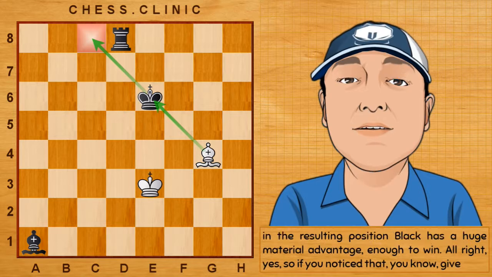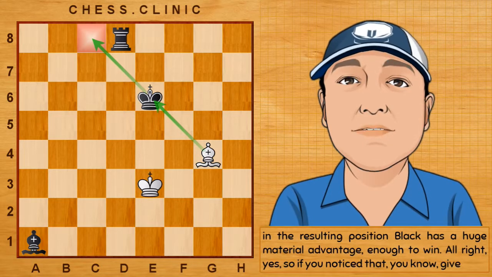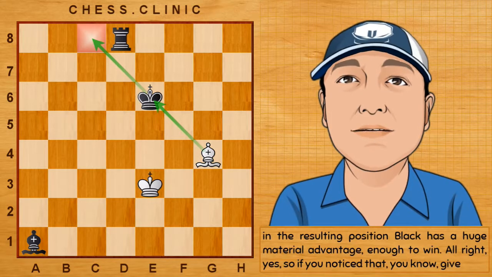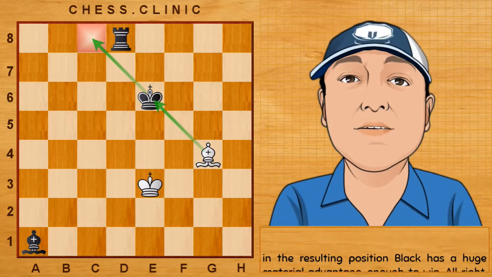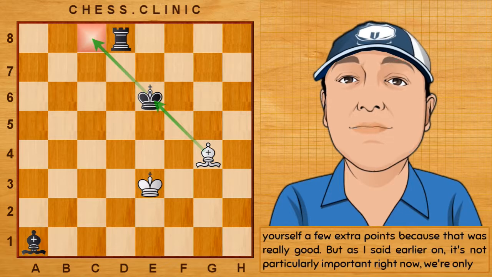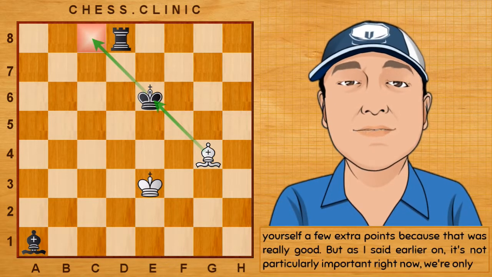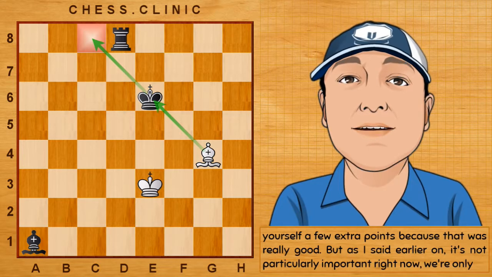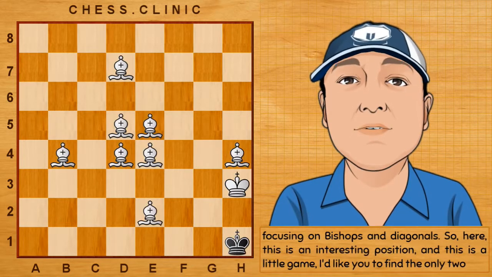And in the resulting position, black has a huge material advantage, enough to win. All right. So if you noticed that, give yourself a few extra points because that was really good. But as I said earlier on, it's not particularly important right now. We're only focusing on bishops and diagonals.